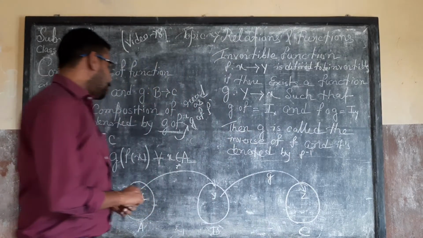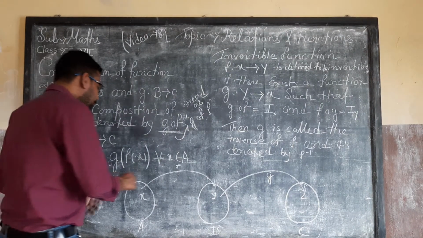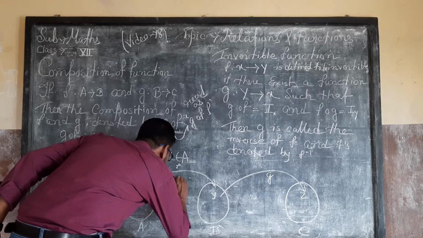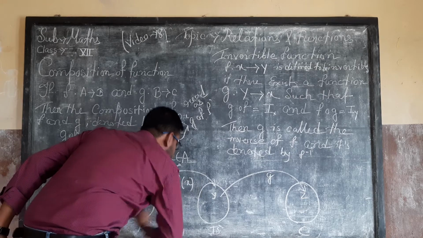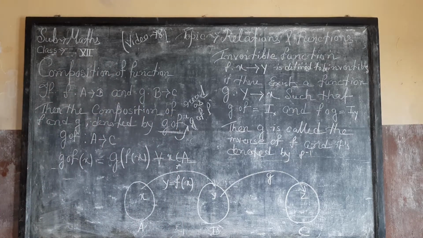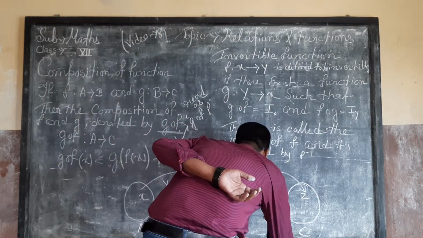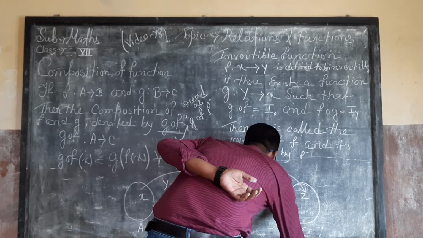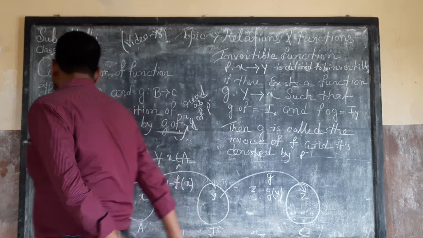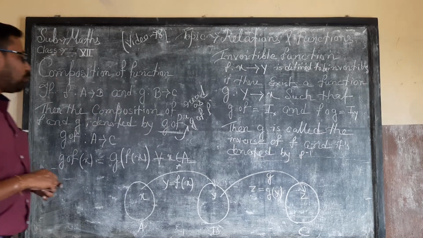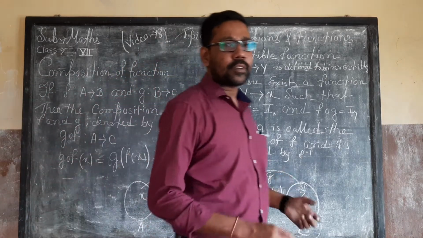From this we can write y = f(x), and from this we can write z = g(y). We already know the logic behind it.